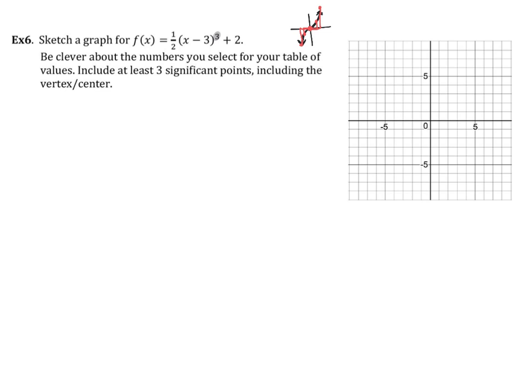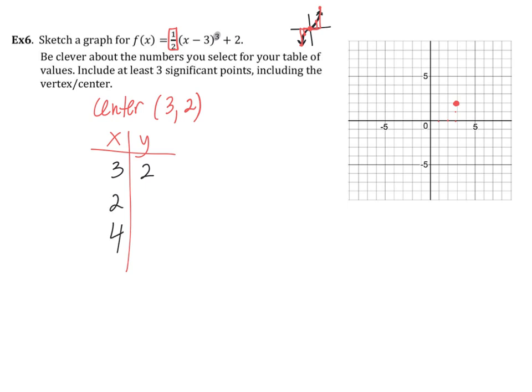Then what do we do when we only have a 1/2 here, right? So first, let's find our new center. So our new center is to the right 3, up 2. So I go right 1, 2, 3, up 2, right there. Now you can either do your table of values. So once you have that center, I would choose a number to the right and to the left of it, right?